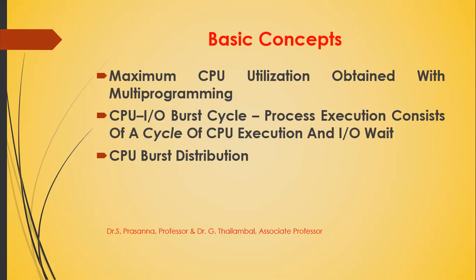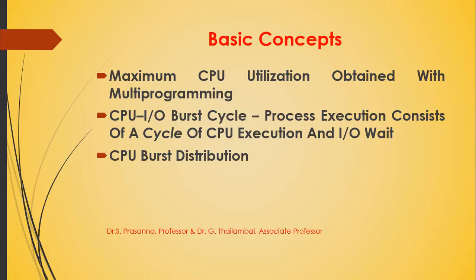After that, CPU execution happens. After execution, it may wait for some IO input or output. So this is a continuous process, which is called the CPU IO burst cycle.